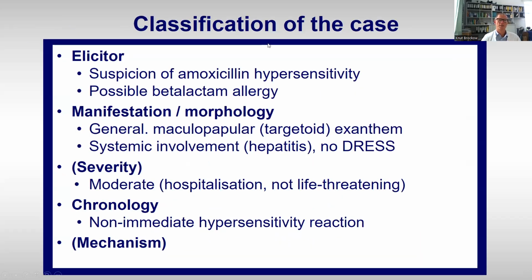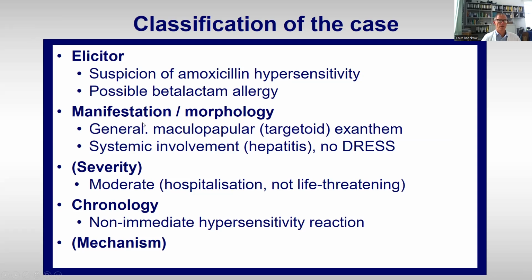Now we come to the classification of the case. Here, in this case I presented to you, we have very important information about the elicitor. You have a suspicion of amoxicillin hypersensitivity and of a pan-aminopenicillin allergy.